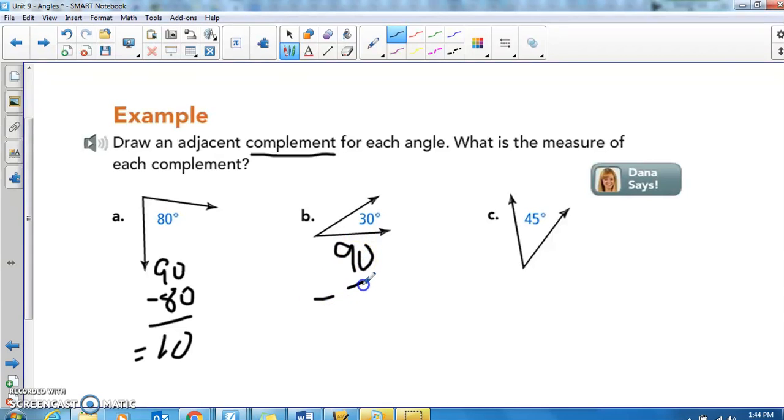If I subtract the one we have, which is 30, our complement would be a 60-degree angle. This one right here, we're trying to get 90 degrees again. We have an angle that's 45. If I subtract 90 minus 45, that gives us our complement, which is 45 degrees. That's how we would find the complement for each one. That's very simple.